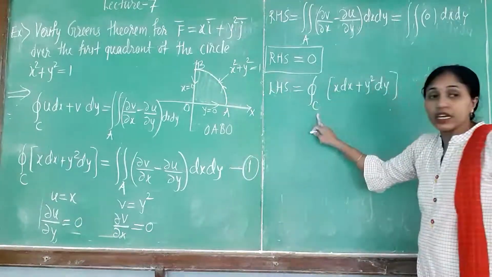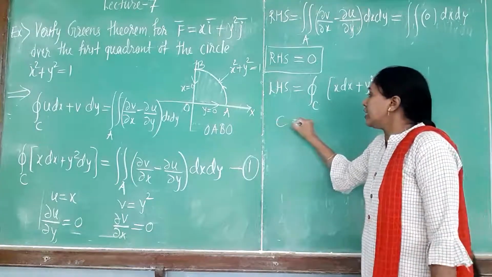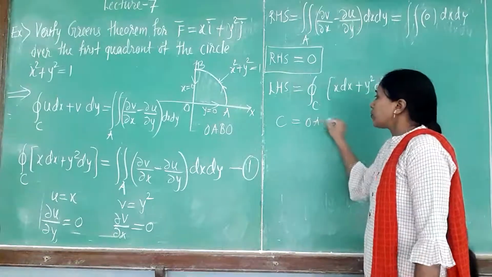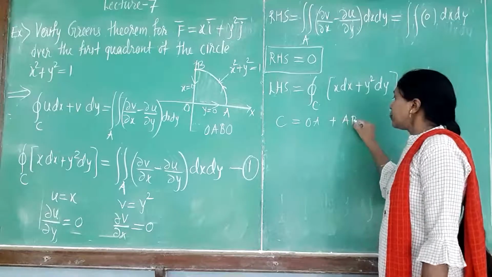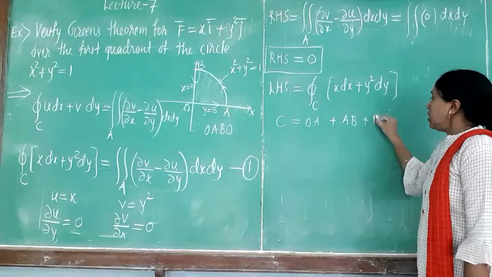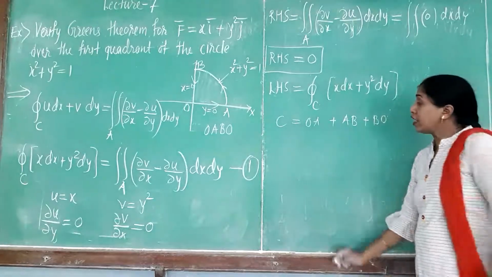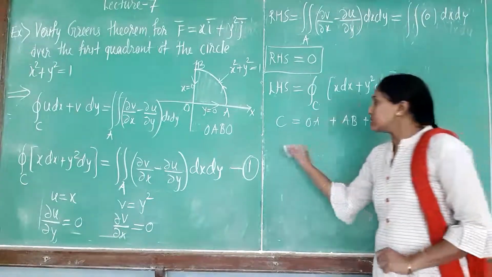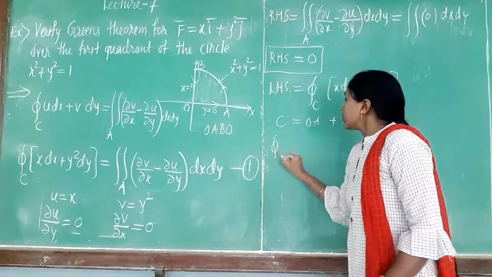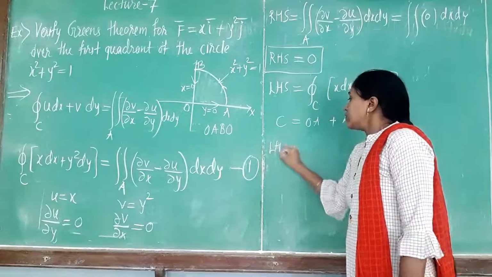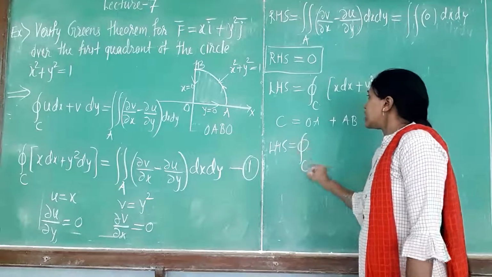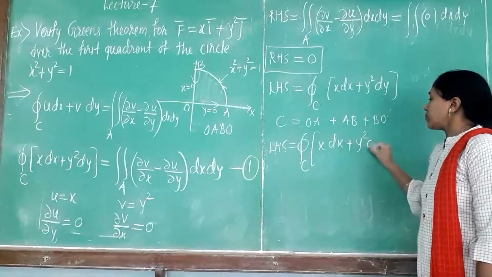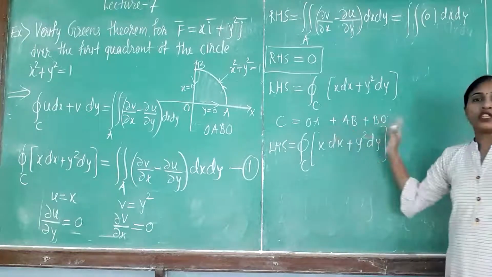So here the integral curve C is divided into three parts: OA plus AB plus BO. Now, the integral over OA, the integral over AB and the integral over BO. So this left hand side, the integral over C of x dx plus y square dy, can be divided into these three parts.